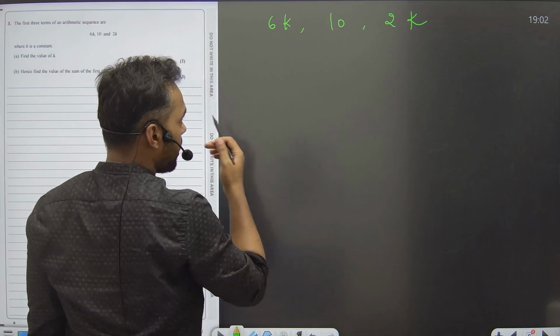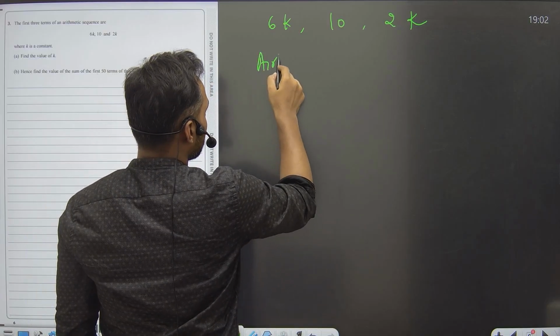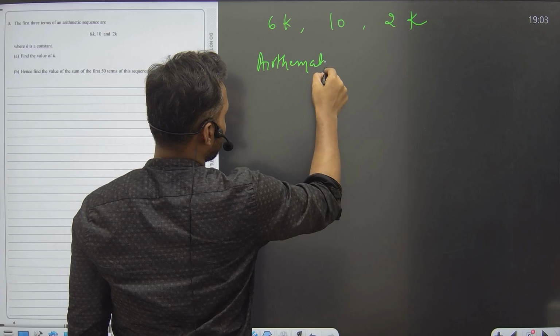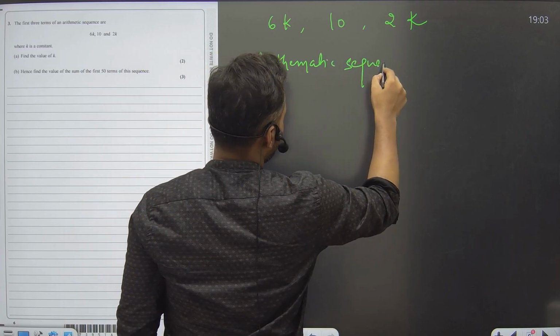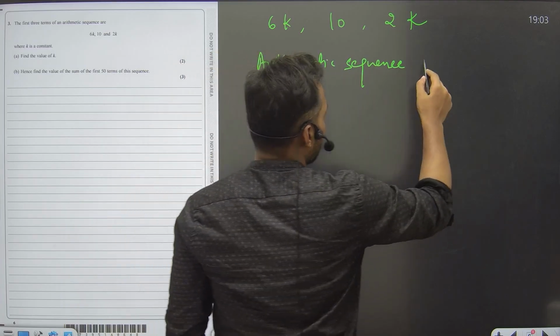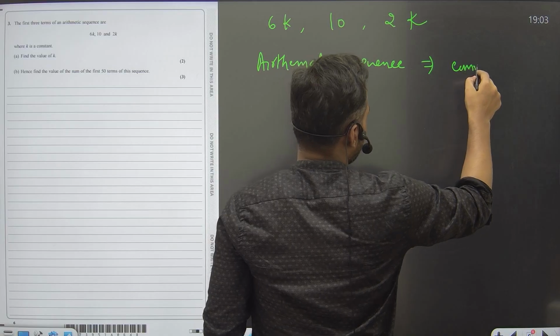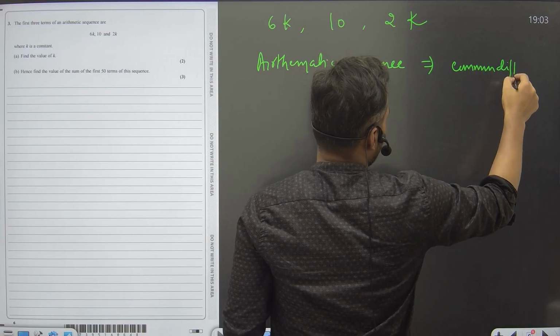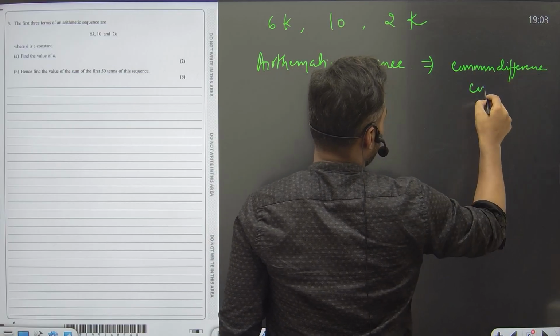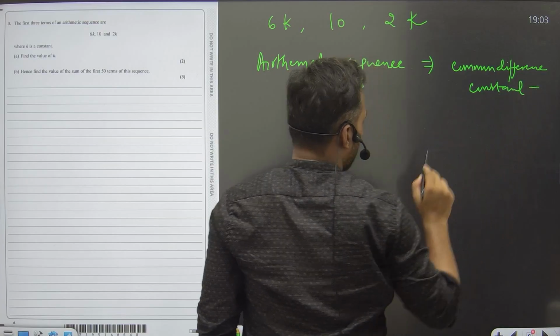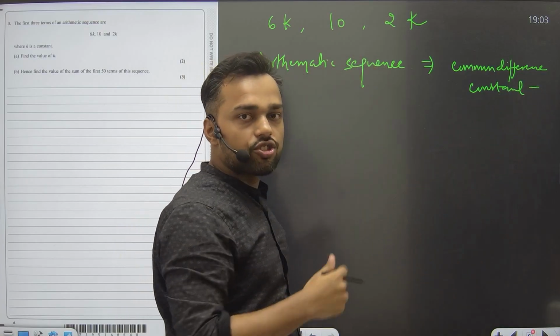Okay, for an arithmetic sequence, what we know, students, is that the common difference must be constant. The common difference between the terms must be constant.